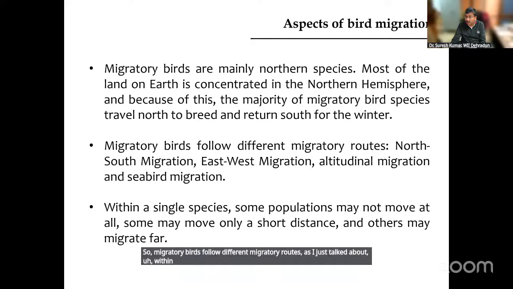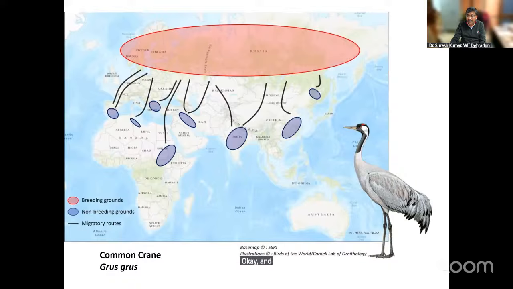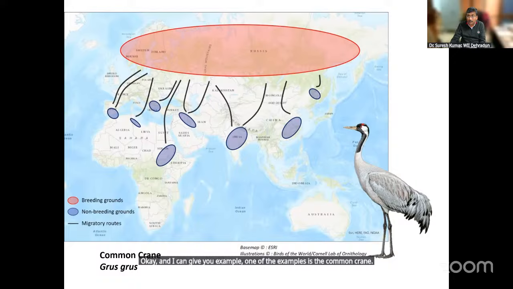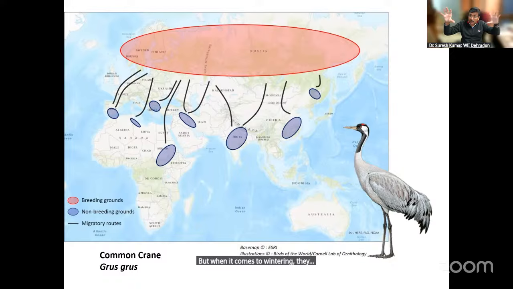Within a single species, some populations may not move at all, some may move only a short distance, and others may migrate far. Okay, and I can give you an example. One of the examples is the common crane. It is a least concern species, very widely distributed in the northern latitudes where they breed. But when it comes to wintering, each of these populations across this large breeding range would move to different pockets where they will winter.